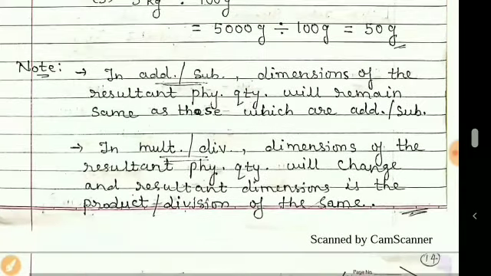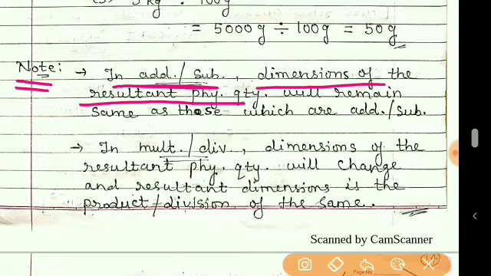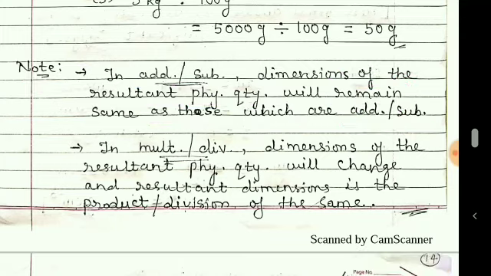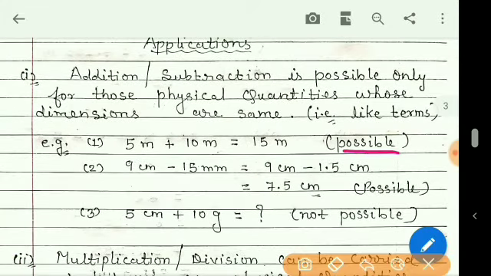Now what is to be remembered here? I have written a note. In addition or subtraction, the dimensions of the resultant physical quantity will remain the same as those given for addition or subtraction. We have seen that in the examples also: if addition or subtraction is possible, then here meter, here also meter, the result is also meter.